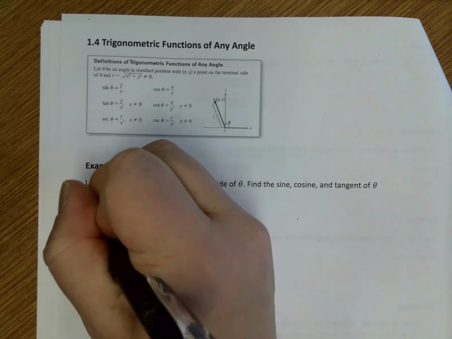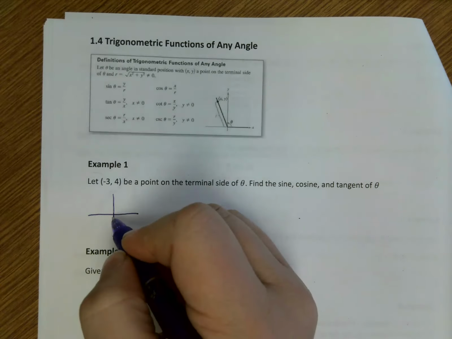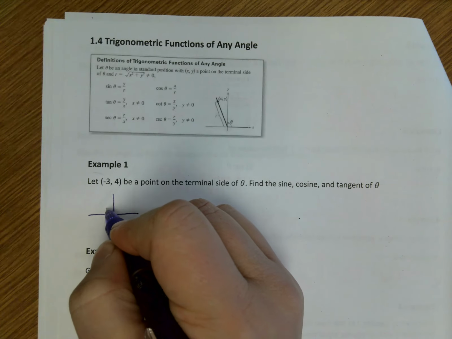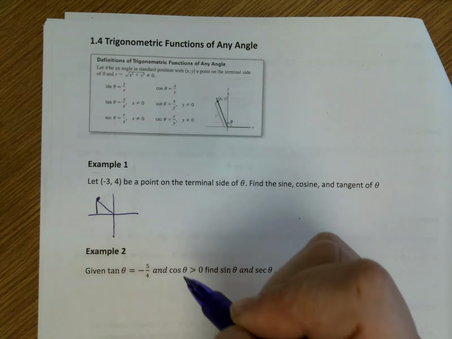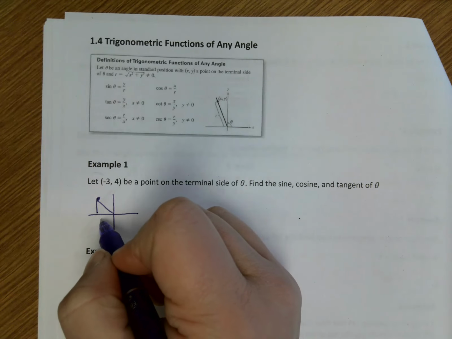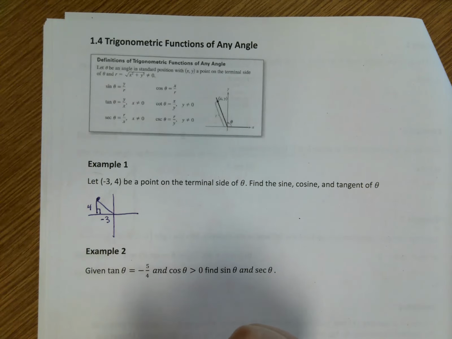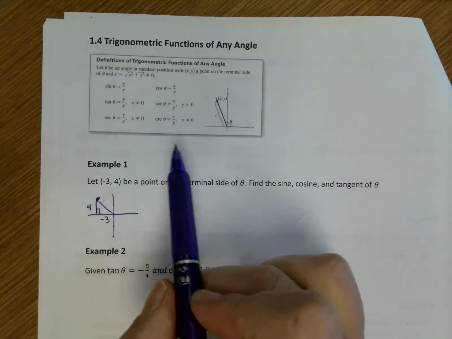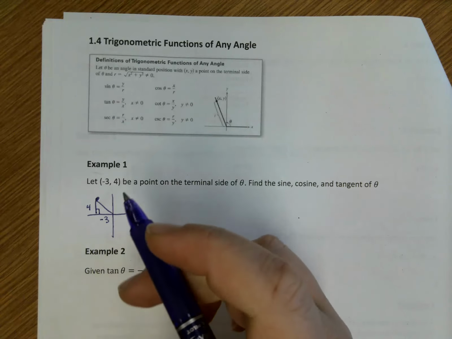So one thing I'm going to do is draw still my xy axis, -3, 4. That means that point would be someplace over here. So if I draw out that right triangle, my -3 is right here because I moved left 3 and went up 4. So you could do it still with these rules, or you could do it with actually drawing out the triangle.